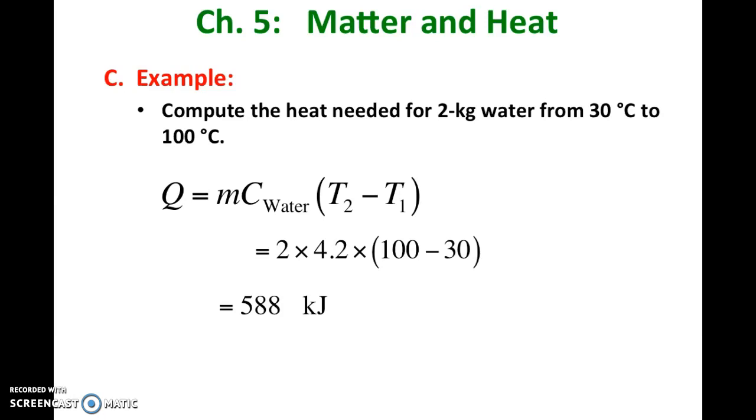From the heat formula, Q equals mass m times the specific heat of water times the temperature change, T2 minus T1, equals 2 times 4.2 times 100 minus 30, then the result equals 588 kilojoule.